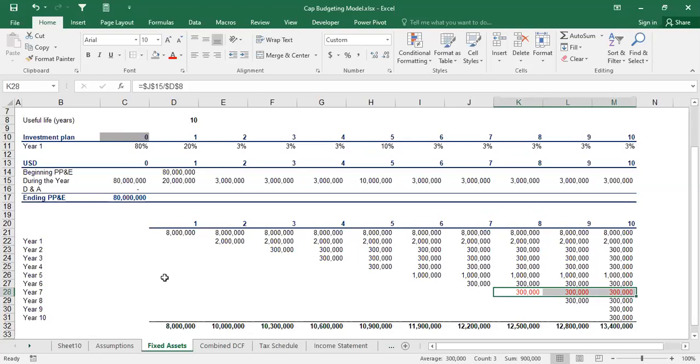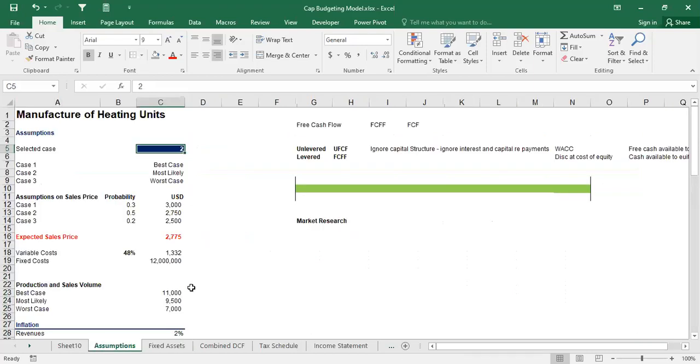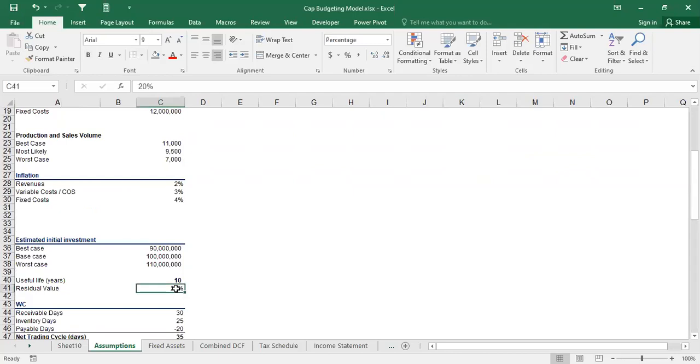And that's why you have a residual value, because at the end of year 10, some of the assets have been fully depreciated, they don't have any value, but some assets do have some value. And that's why we supposed in one of our assumptions that your plant will have a 20% residual value.